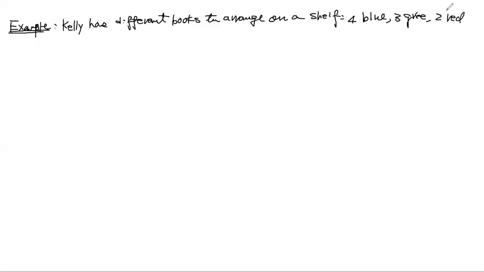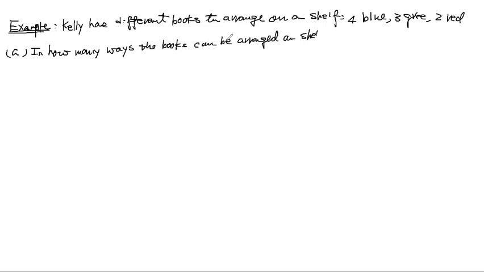Okay, so for part A, they ask you in how many ways the books can be arranged on the shelf, right? So first thing they say, hey, how many ways can the books be arranged on the shelf?